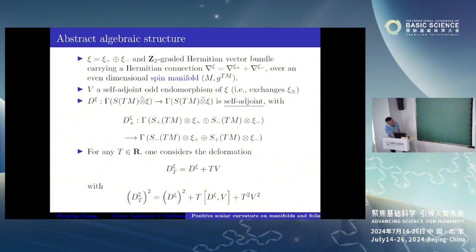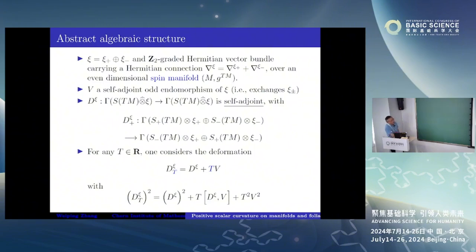and the negative part is S minus tensor Xi plus, plus S plus tensor Xi minus. The Dirac operator D, with respect to this natural splitting, D plus maps from the plus part of the Z2 graded tensor product to the negative part. Since V is self-adjoint, D is of course self-adjoint. So for any real number t, we can make a deformation, Dt equal to D plus tV. This is also a self-adjoint operator.